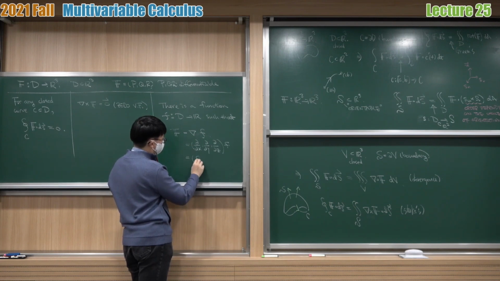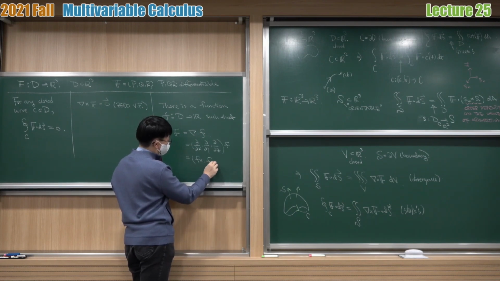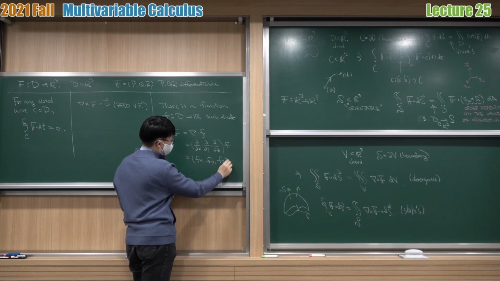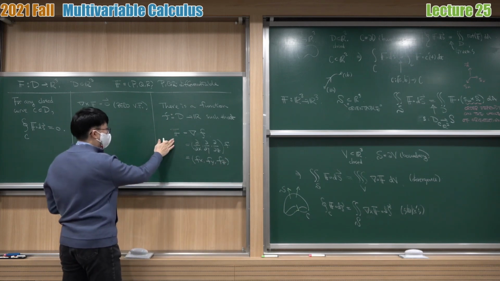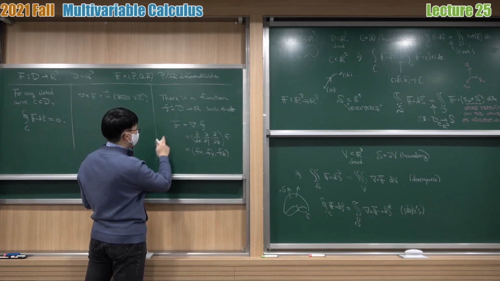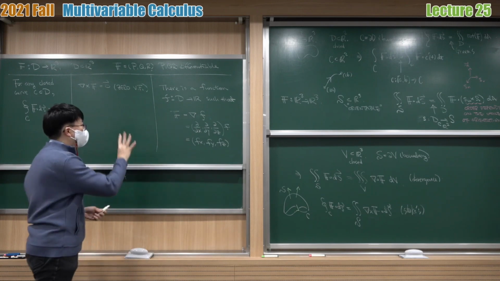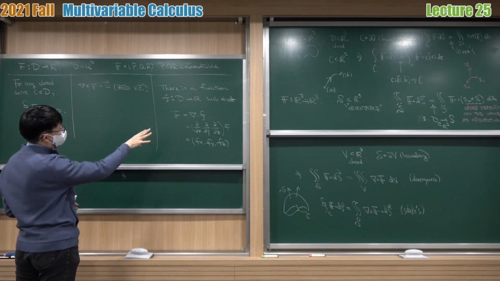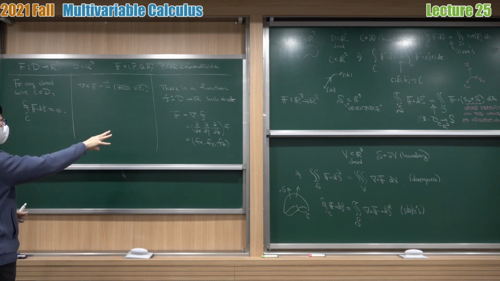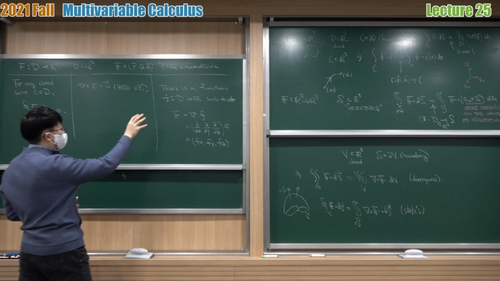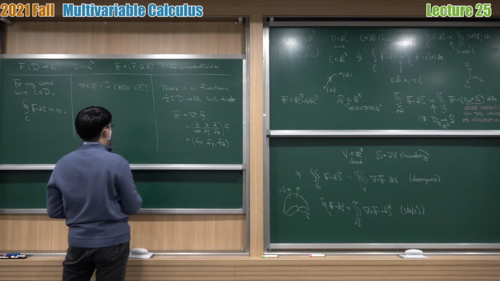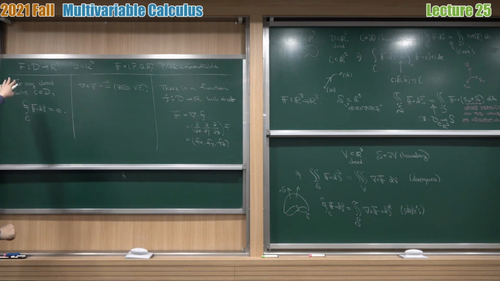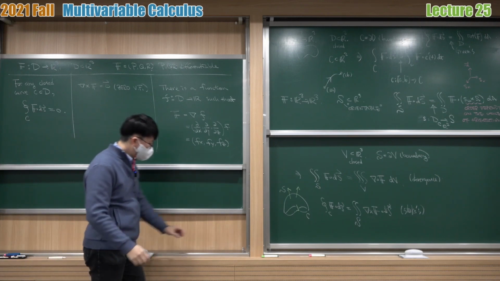So basically, it gives f_x, f_y, f_z. So this last statement says that there is a scalar function defined on the 3-dimensional volume whose gradient gives the same vector field F that we defined in the beginning.